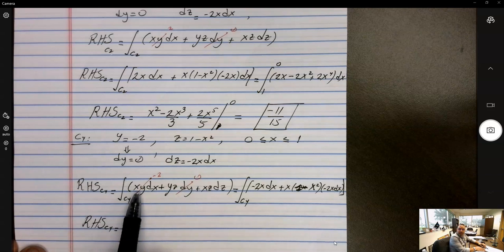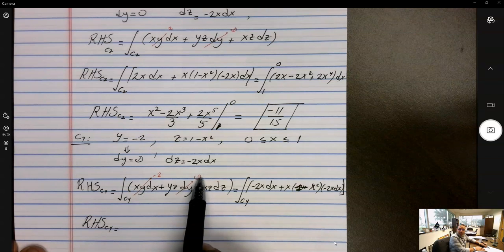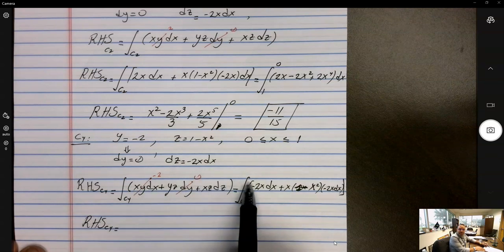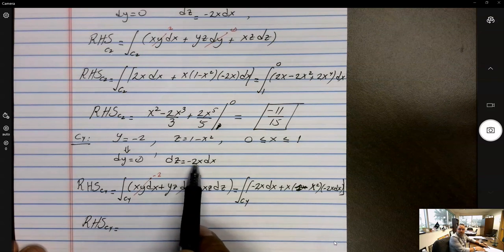So the integral over the curve of v dot dr is u dx, v dy, w dz. y is equal to a constant minus 2, dy is equal to 0. And all we end up with is minus 2 times x dx, and then x times z, which is 1 minus x squared, times dz, which is minus 2x dx. That's the parametrization of z into x.